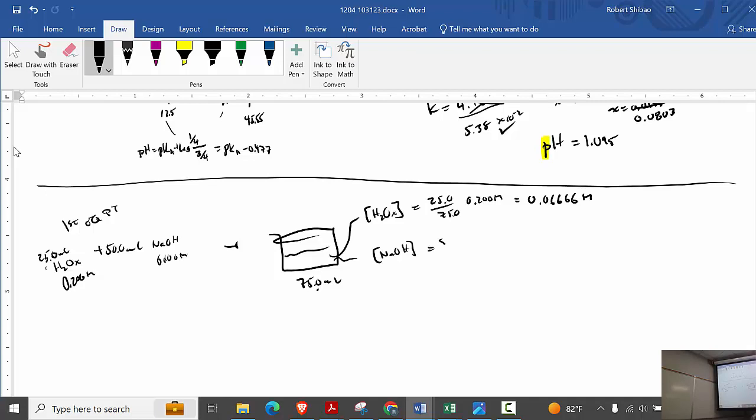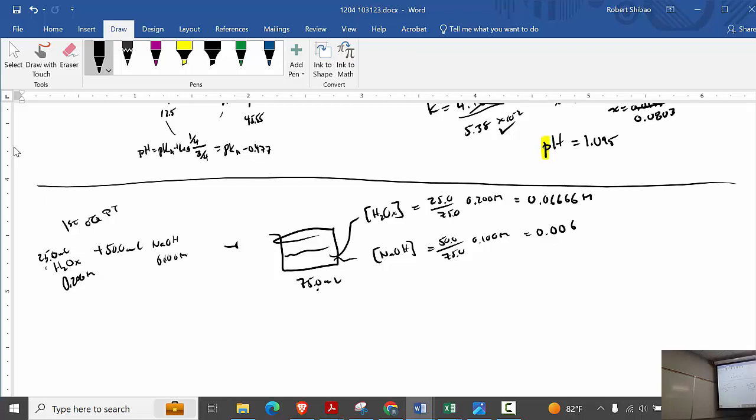Okay, this is going to be a 50 to 75 dilution of 0.100 now. 2/3. Actually, what does it come out to? Shouldn't it be the same?